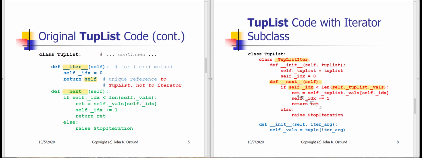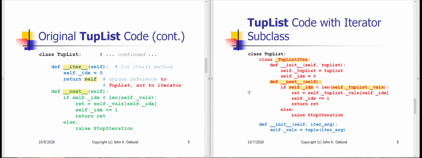If it is, then we obtain the value from the tuple. So self is the TupList iter, TupList iter dot TupList dot vals sub index. That's the value we want to return. And then we increase our iterator's index and return the value. Otherwise, if the index is out of bounds, we're going to raise stop iteration.